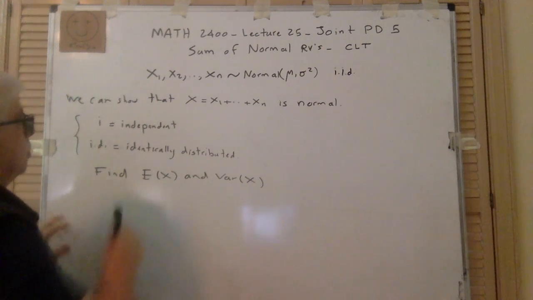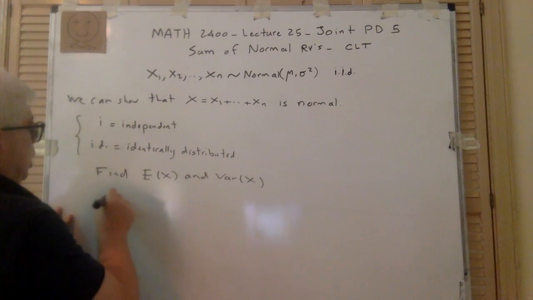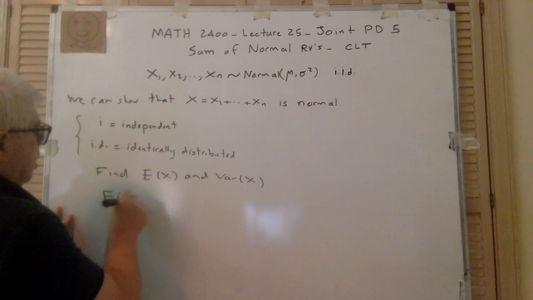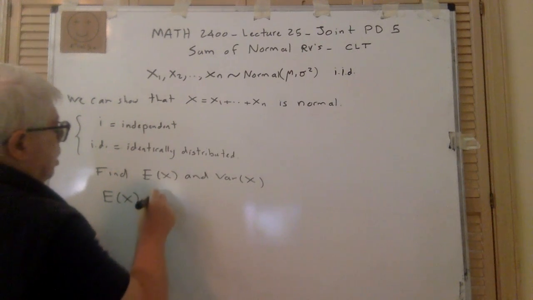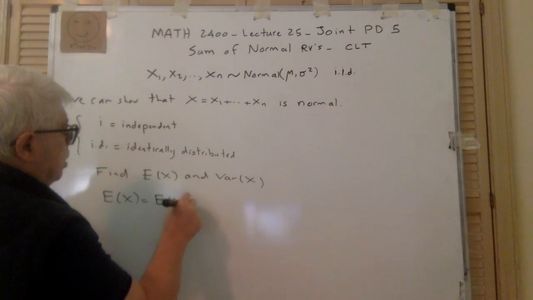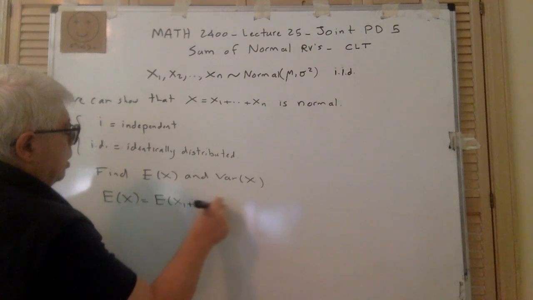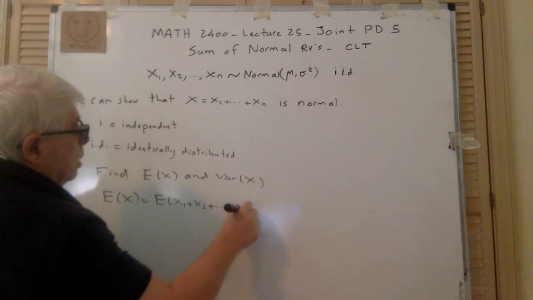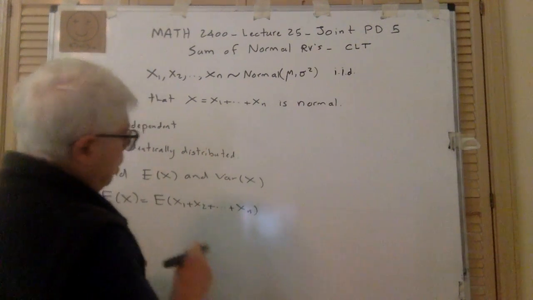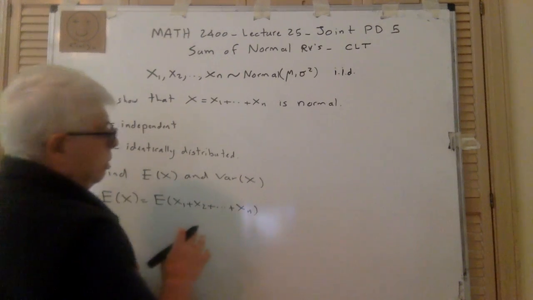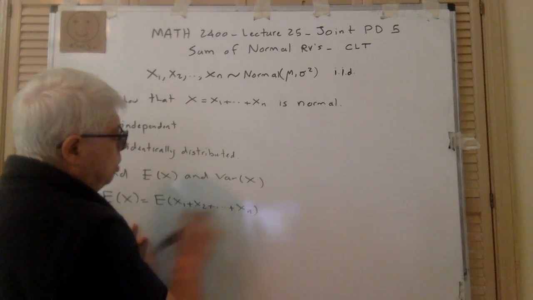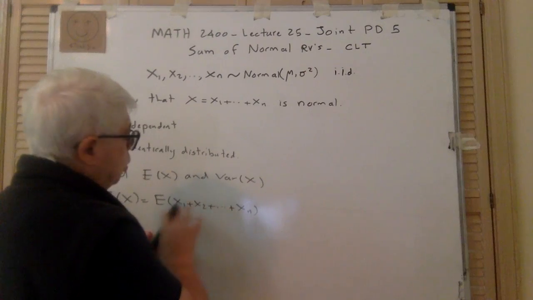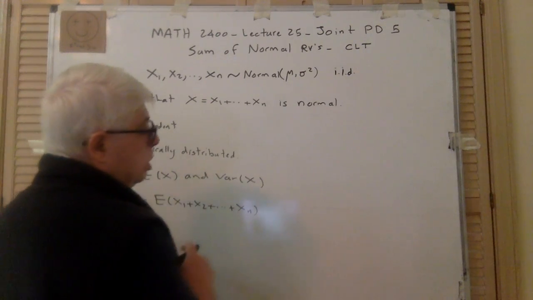So let's find that. E of X, in fact, is E of X1 plus up to Xn, and we know that the expected value commutes with addition, and the variables don't have to be independent in this situation.